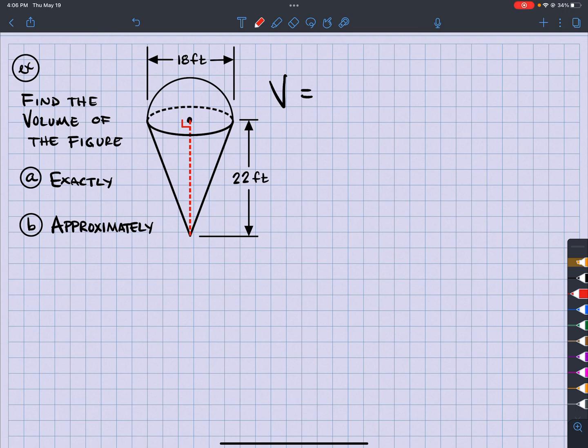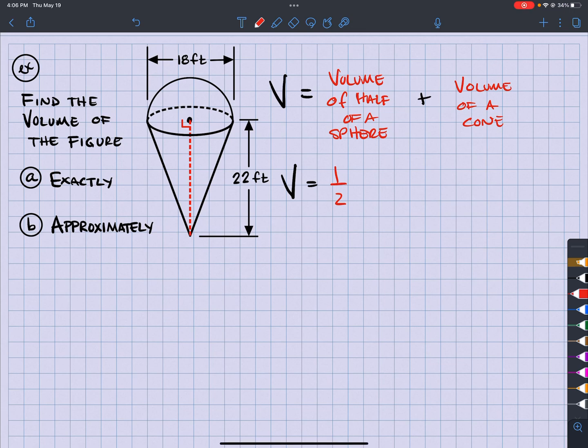So it'll be the volume of half of a sphere, plus the volume of a cone.